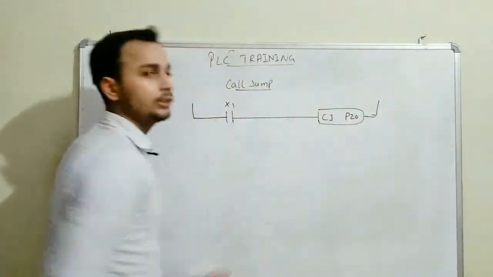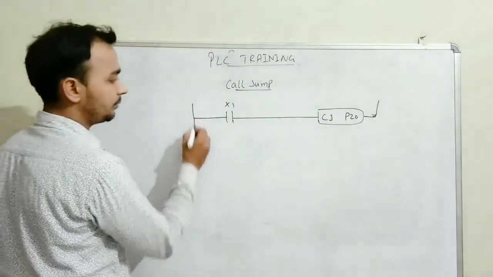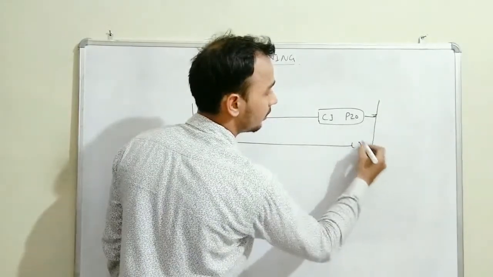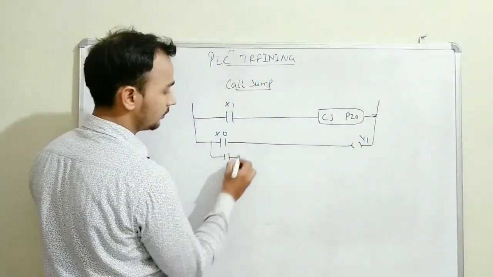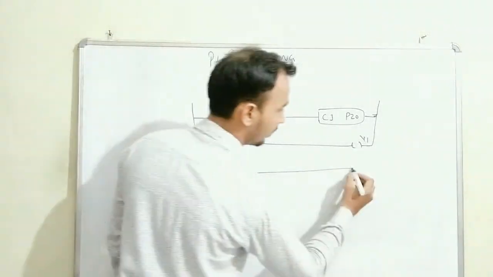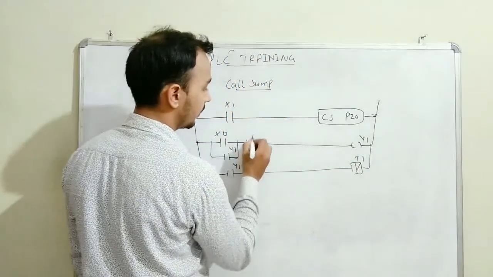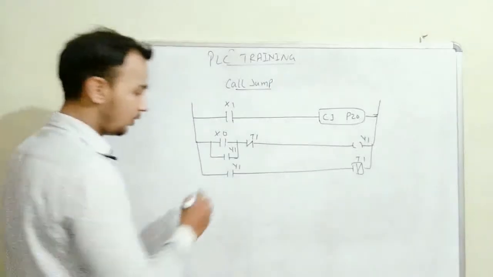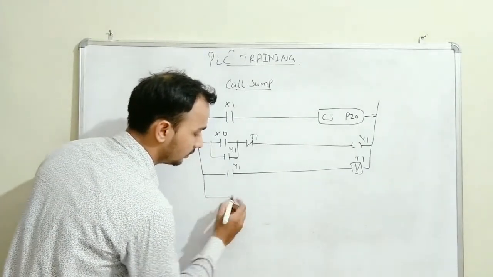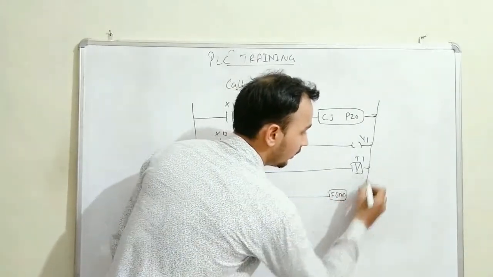I have used this address P20, and now I'm going to use a simple program, that is X0 will operate Y1 and Y1 will be held, and Y1 will start a timer, that is T1, and T1 will turn this off. Now I have to use the end instruction for call and jump, that is FEND, as I told you.